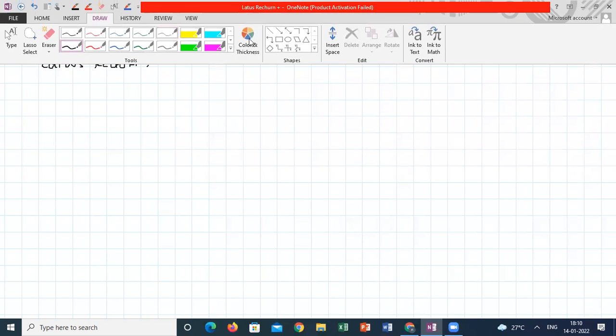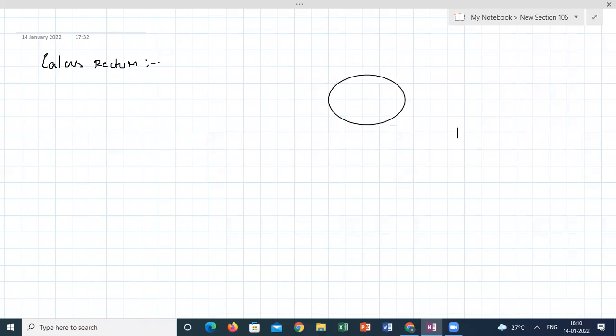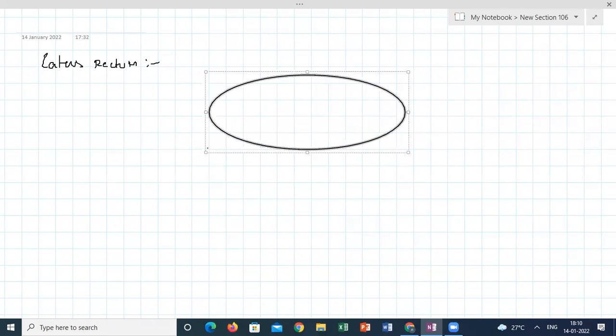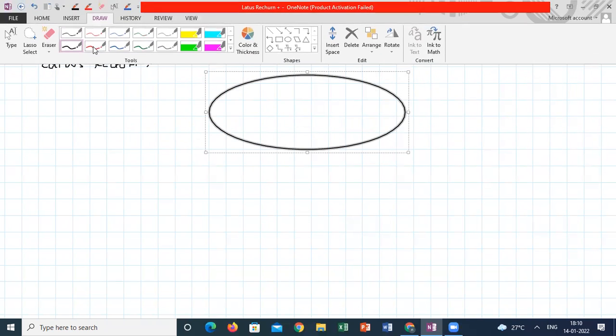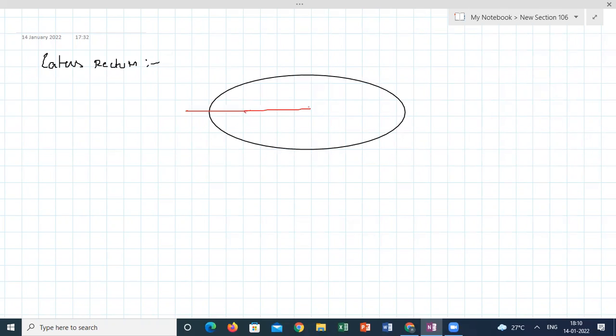Suppose I have an ellipse, and a line is drawn perpendicular to the axis and passing through the focus, meeting the ellipse. Suppose the foci are F1, F2. If I take a line and it meets the ellipse at PQ and RS, the length of PQ and RS is known as the length of the latus rectum.